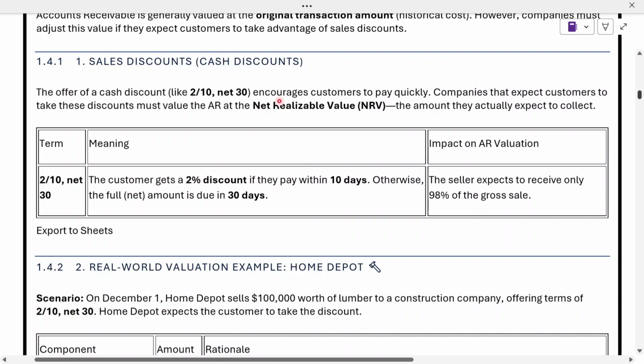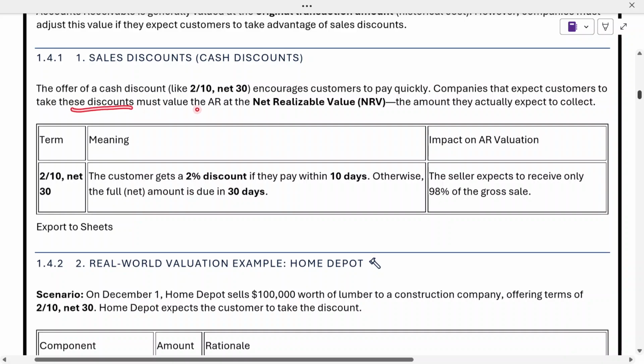So what does this say? This encourages customers to pay quickly, because the customer thinks, okay, within 10 days I am getting a 2% discount, so let's pay right now. Companies that expect customers to take this discount must value the AR at the net realizable value, the amount the company actually expects to collect.